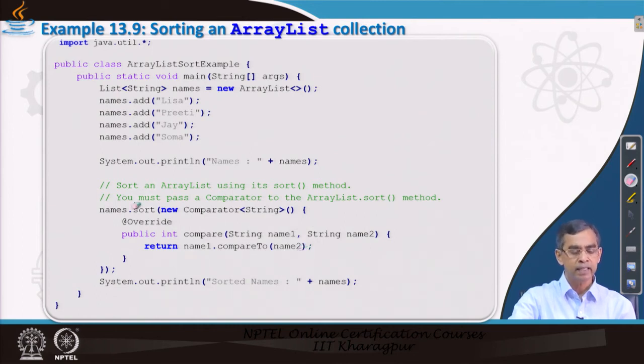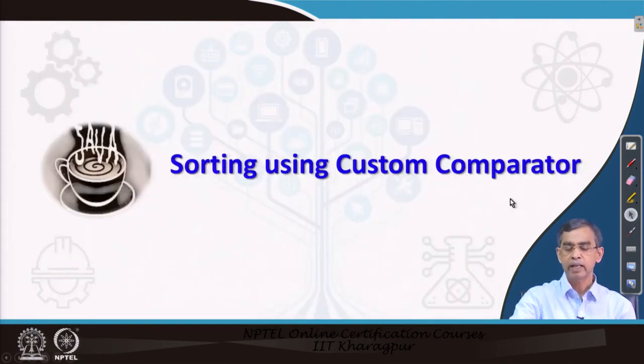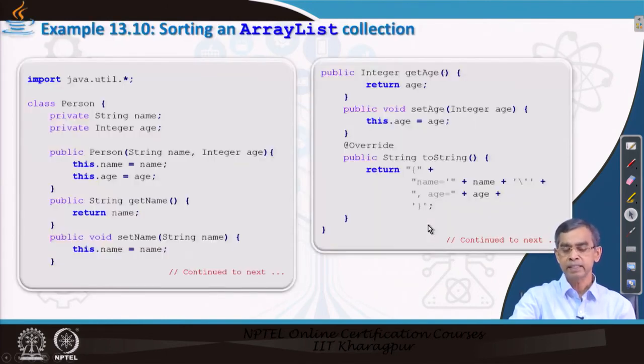So, this returns, and accordingly it sorts, and the sorted version of the collection will be printed here. So, this is the way an ArrayList can be sorted, but for custom classes, user defined classes, you have to write your own method.